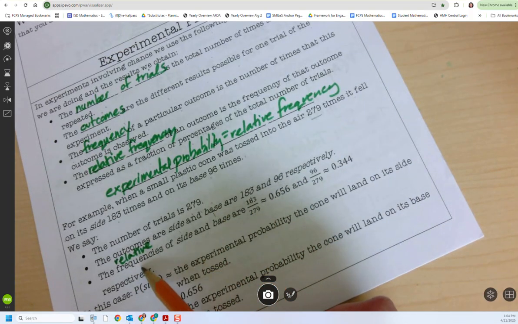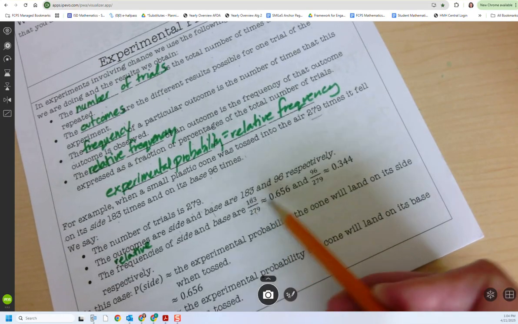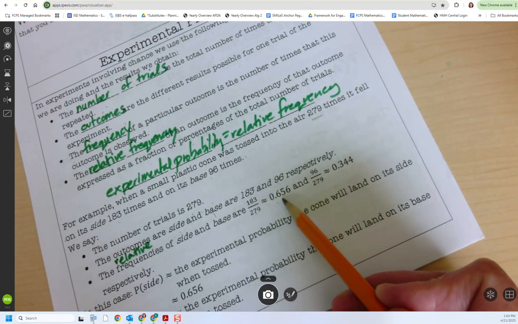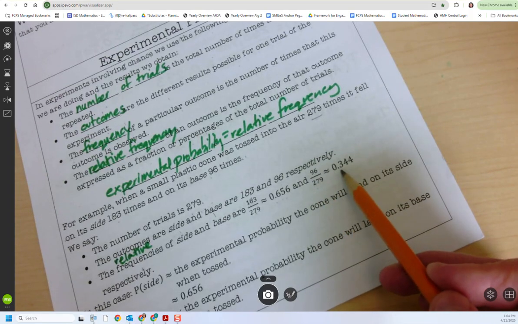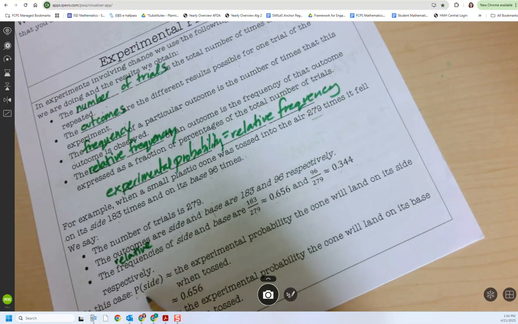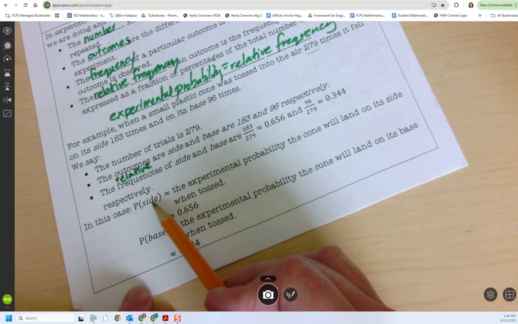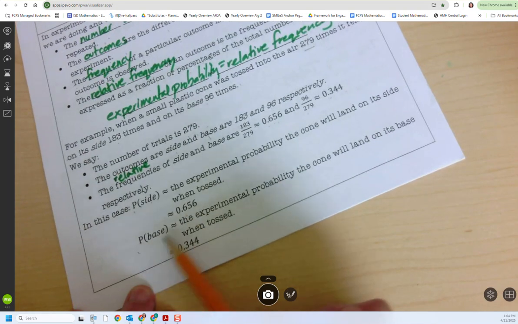And then the relative frequencies are 183 out of 279, which to 3 sig figs is 0.656, or 96 over 279, 3 sig figs is 0.344. This means the probability it lands on its side. And there's your probability. This means the probability it lands on its base.